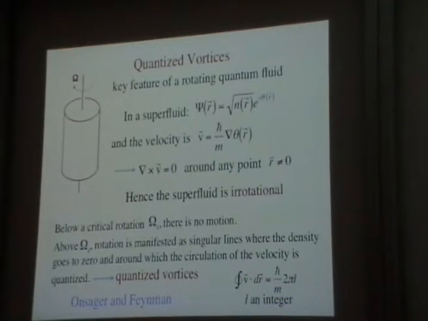So you find that the vortices have to be quantized. If you have a collection of vortices and you integrate around all of them, you can have something that looks like a net rotation. This was proposed by both Onsager and Feynman to explain the behavior of the superfluid, that there would be these quantized vortices in the system.